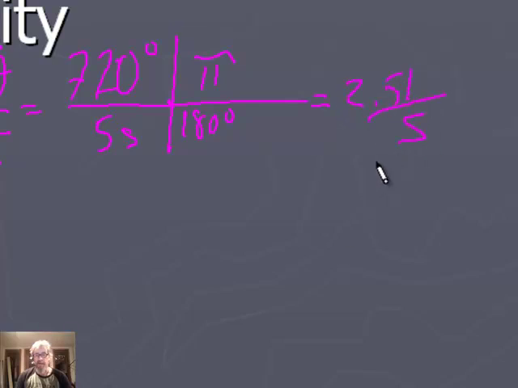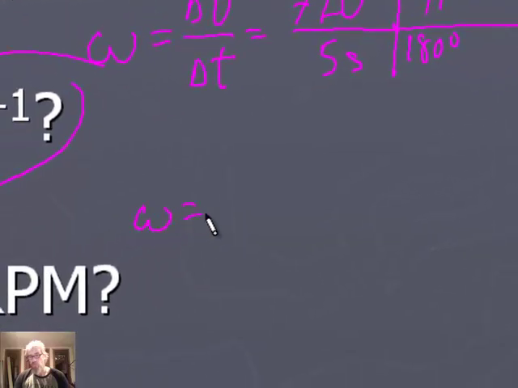We also want this in RPM, so let's do the same thing here. Remember, it's delta theta over delta t, starting out with our angle of 720 degrees divided by 5 seconds. That's our angular velocity. But let's convert. First of all, we're going to convert degrees to revolutions.